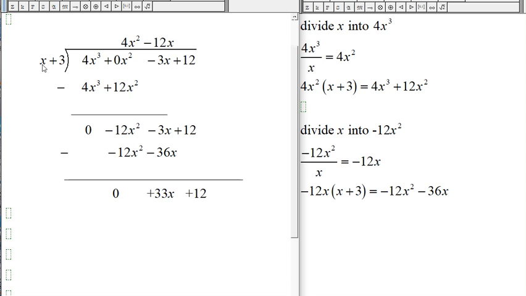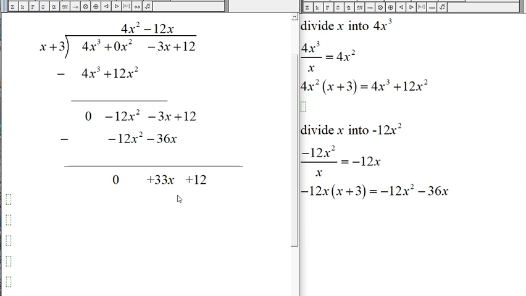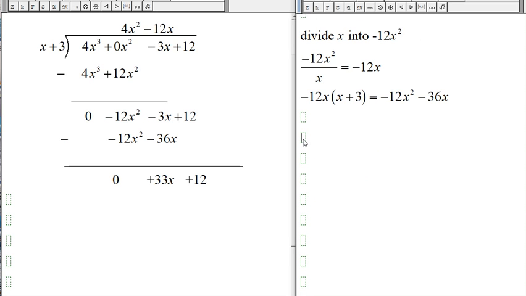And so now we'll divide x into 33x. We have 33x divided by x, which is 33.